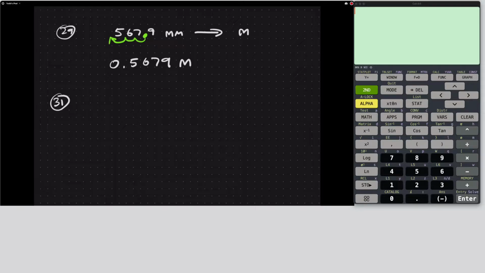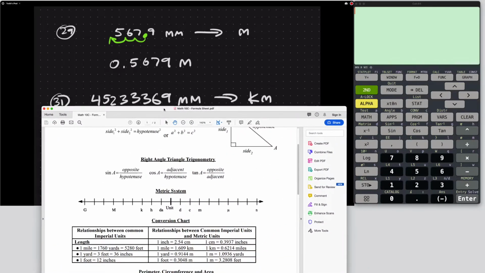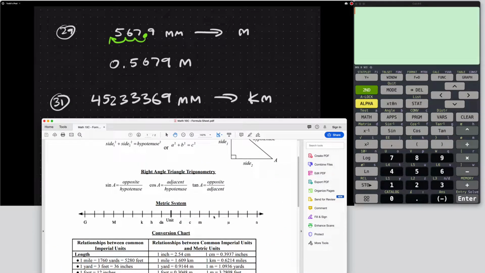Okay, let's take a look at number 31. So 31 says we have the number 4, 5, 2, 3, 3, 3, 6, 9 millimeters, and take that to kilometers. Okay, so if I bring this over again, where are we starting out? Here at the millimeters, and where are we going? To the K for kilometers. So that's going to be 1, 2, 3, 4, 5, 6 steps to the left.